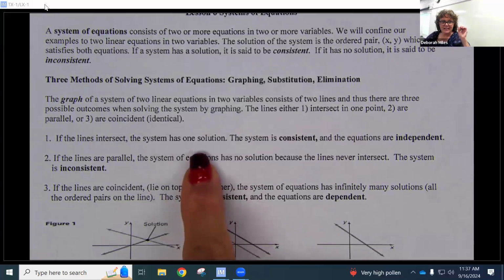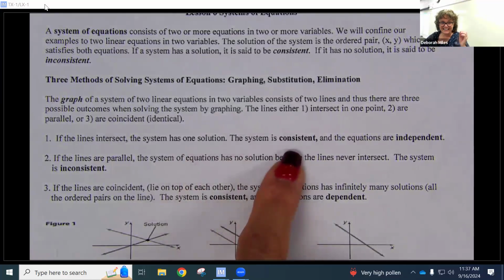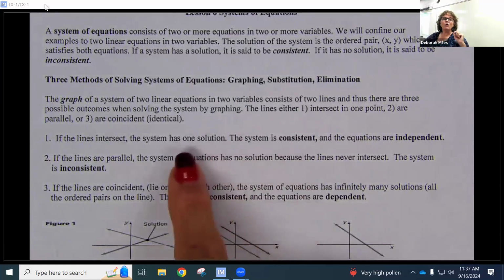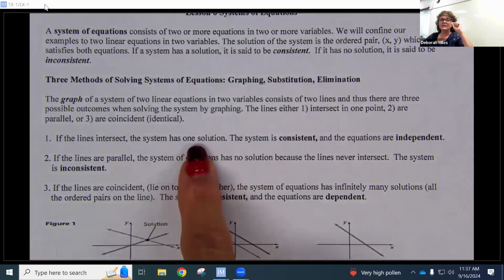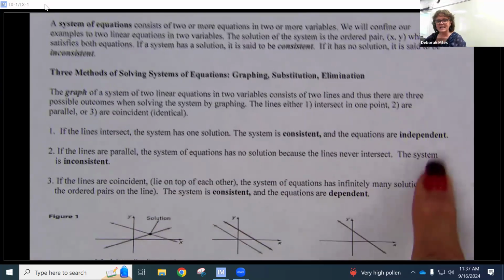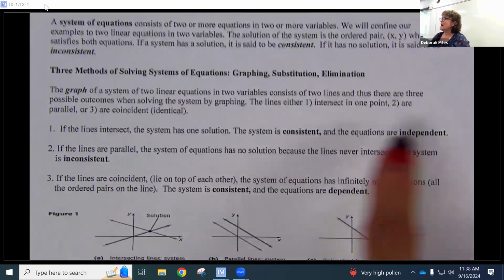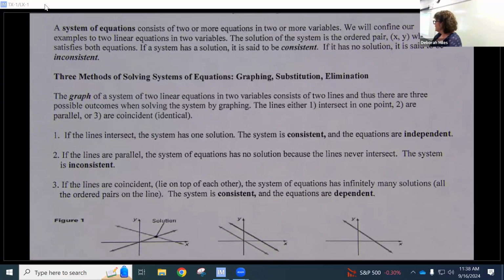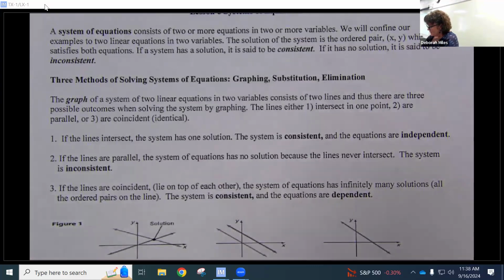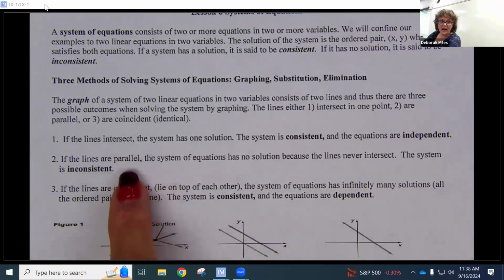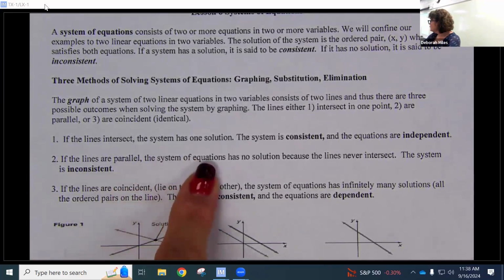If there is a solution, we say the system is consistent. And if they only cross in one place, there's only one solution, we say that the system is independent, or the equations are independent of each other. They're different equations. Second thing that can happen is they could be parallel, which means there are no solutions.